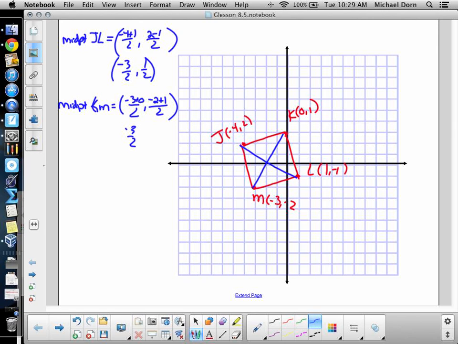What? Oh, this one? No, for K. Okay. Oh, I'm sorry. I'm looking at JM. My bad. KM. Oh, there's the problem. Thank you. Okay. So negative 2 minus 3.